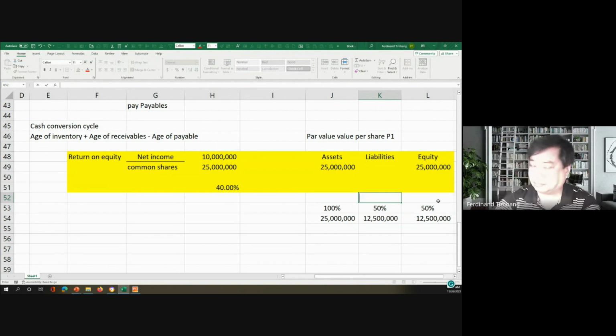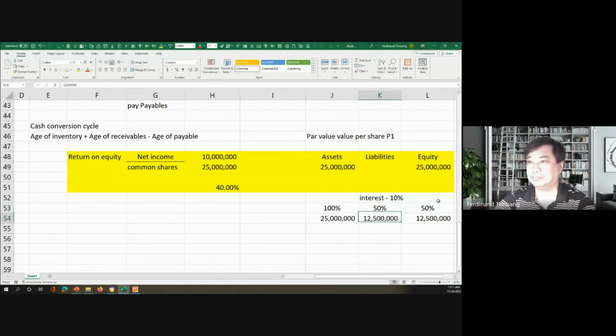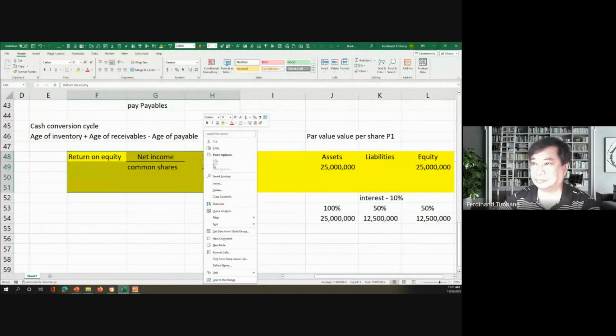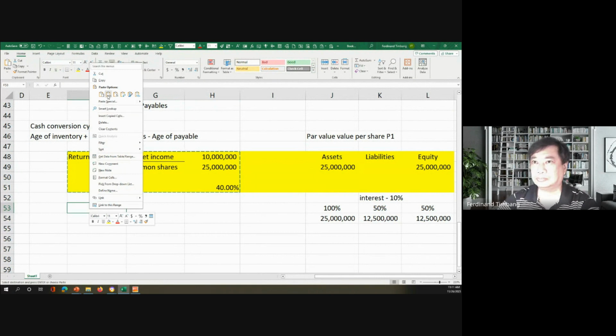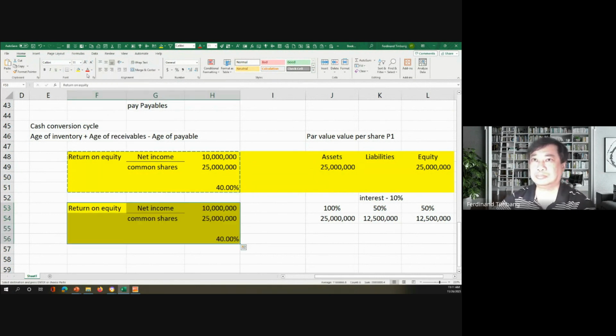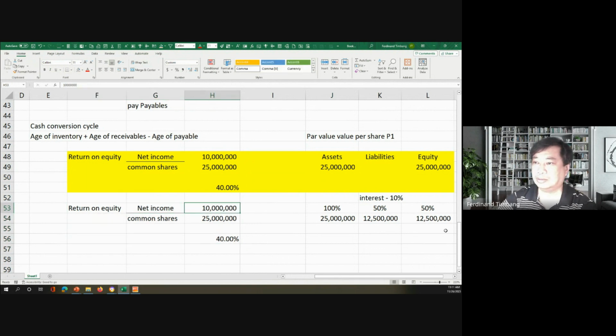Let's say 10%. So kung ito siya, yung net income natin dito, it will be how much now? Kasi may 10% interest.